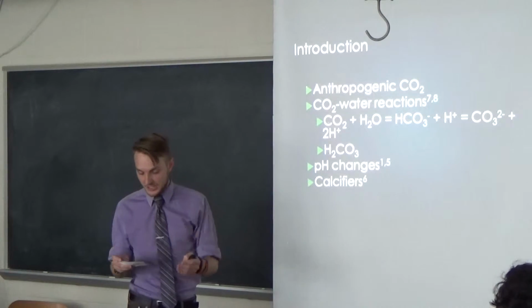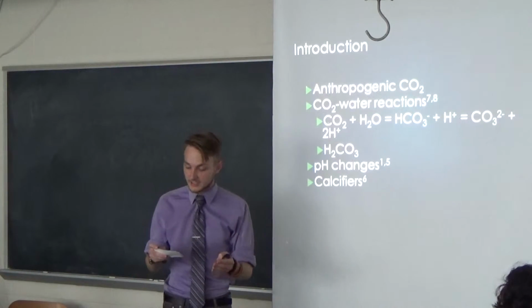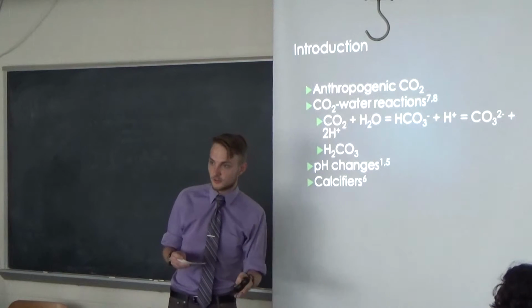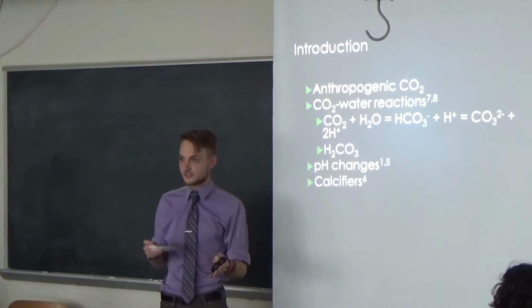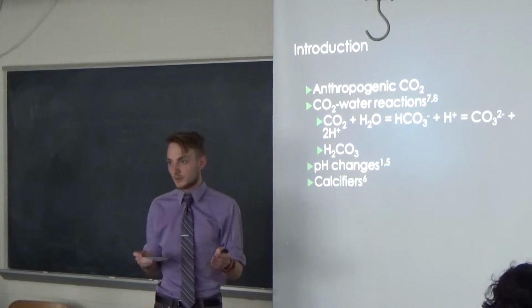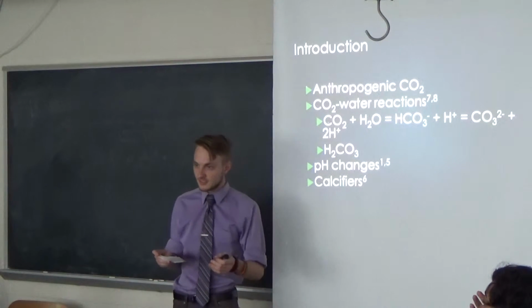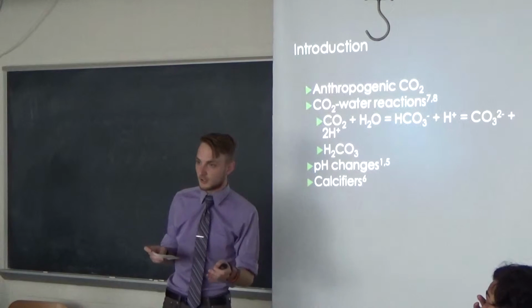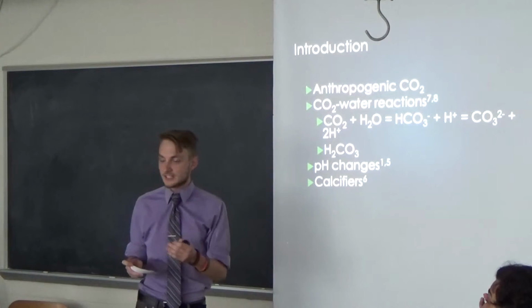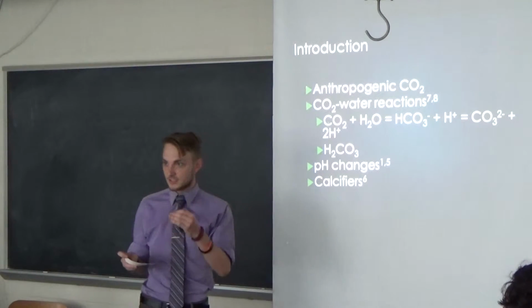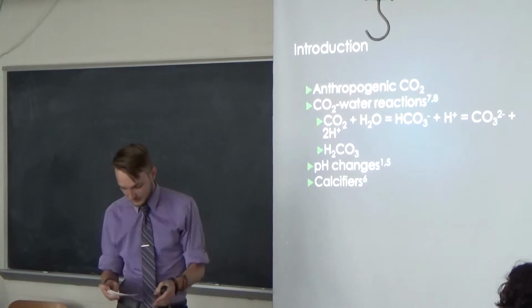And it's projected to decrease another 0.3 to 0.4 units by the end of the century, 2100, which equates to a 100 to 150% increase in the hydrogen ions in the water, which hasn't been seen in millions of years in such a short period of time.